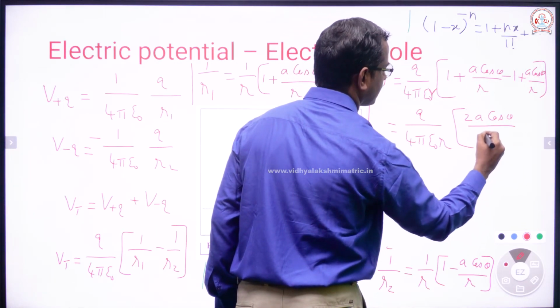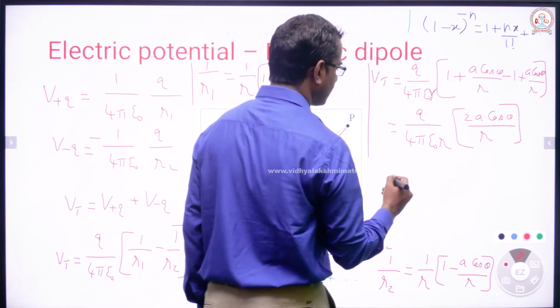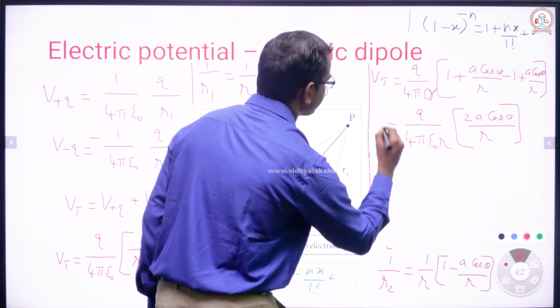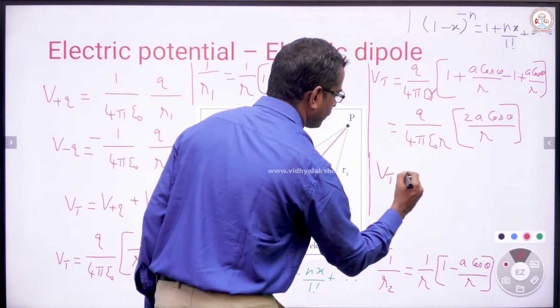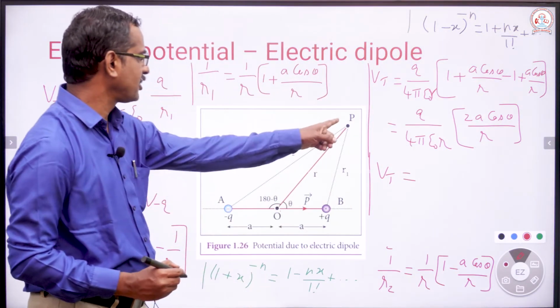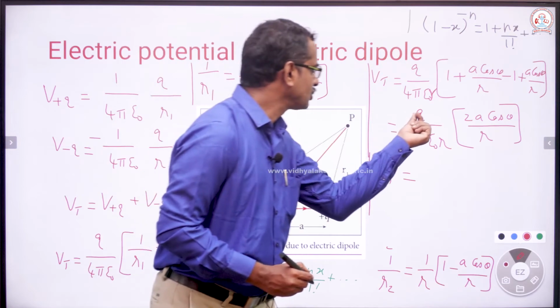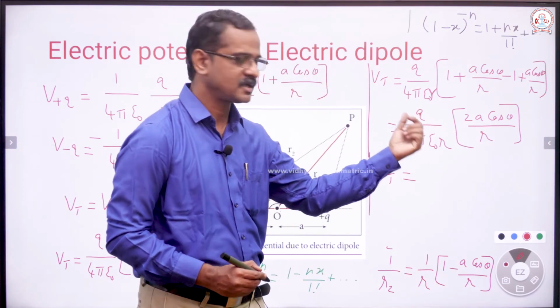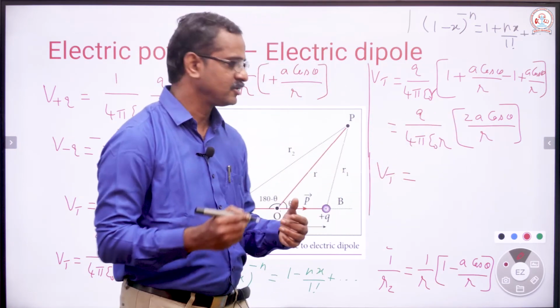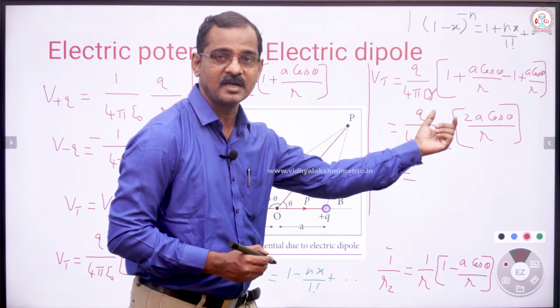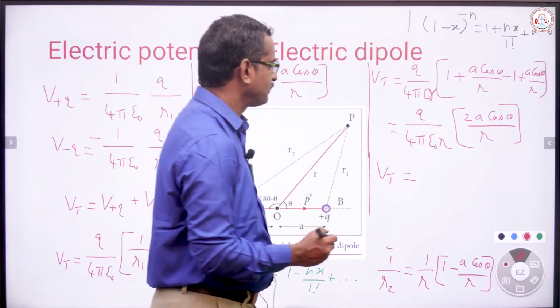That is equal to the total electric potential at the point P due to the electric dipole, equal to q into 2a. q is one of the charges and 2a is the distance between the two charges, that is the electric dipole moment, which is p vector.